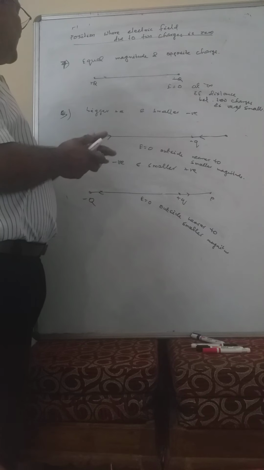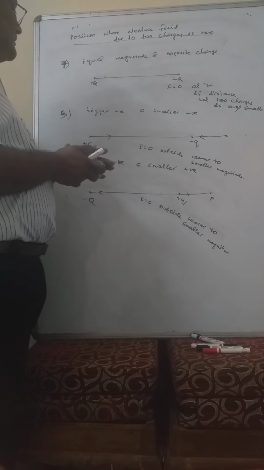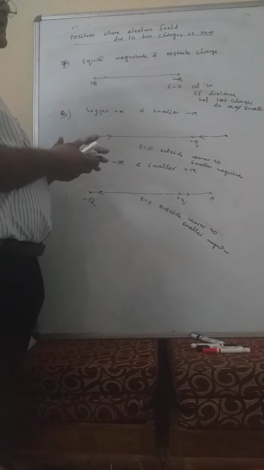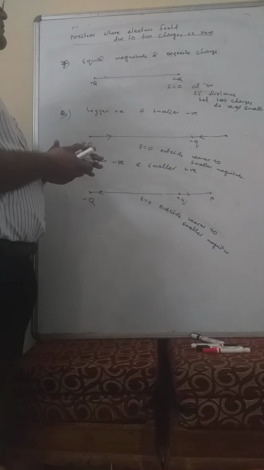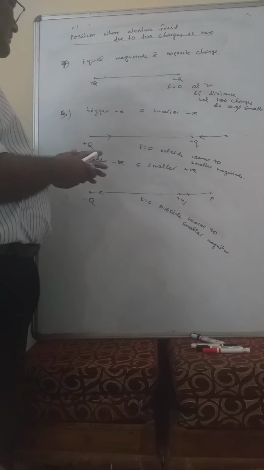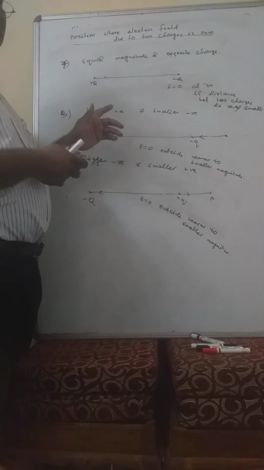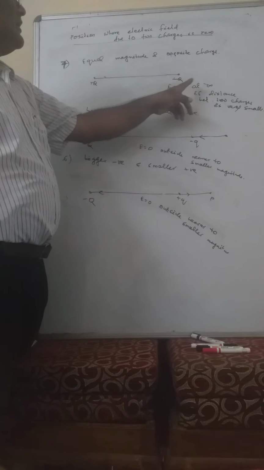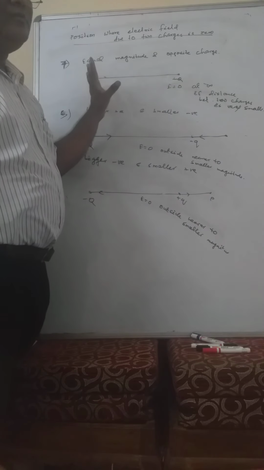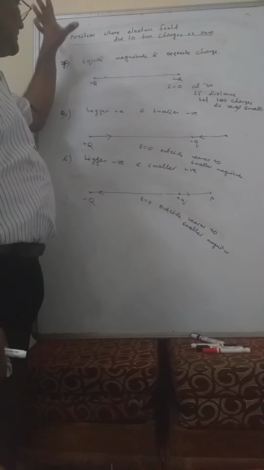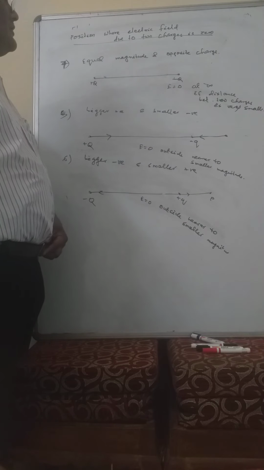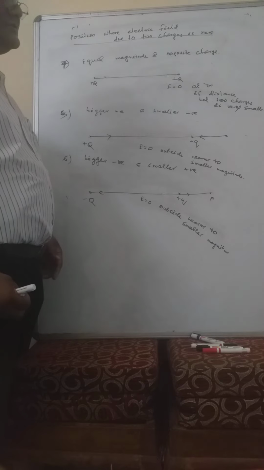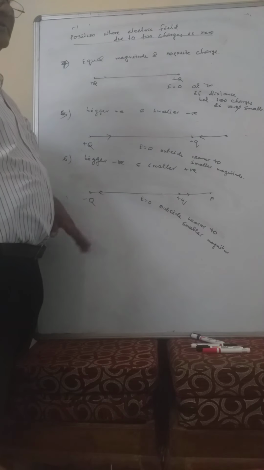And if it is bigger negative, smaller positive, it will be outside, nearer to the plus q charge. If both are plus and minus of equal magnitude, then the field will be zero at infinity, otherwise the field will be zero nowhere. This is all about how to find the electric field due to a system of two charges, where the field will be zero at different positions.